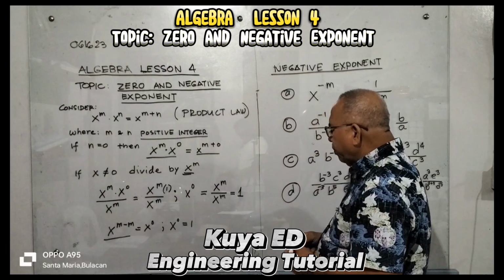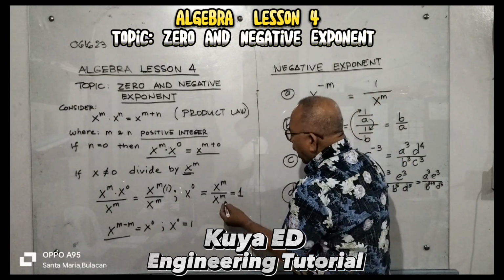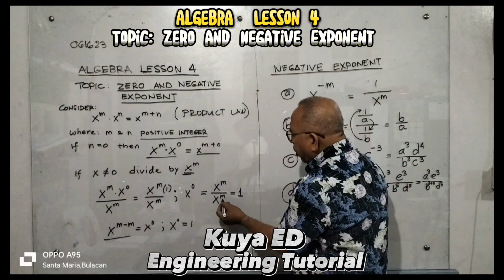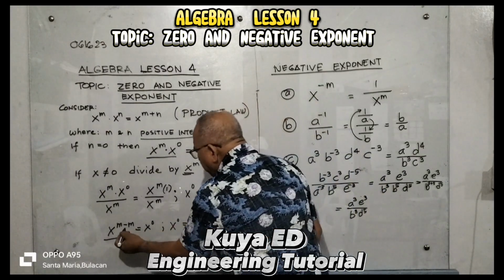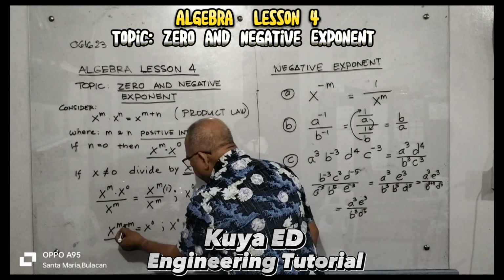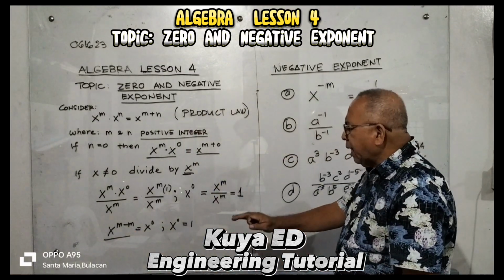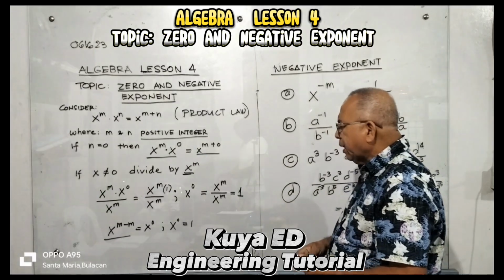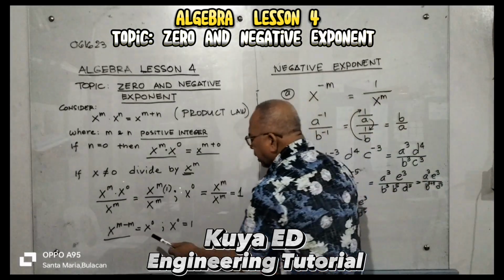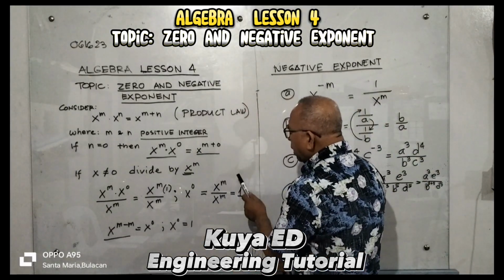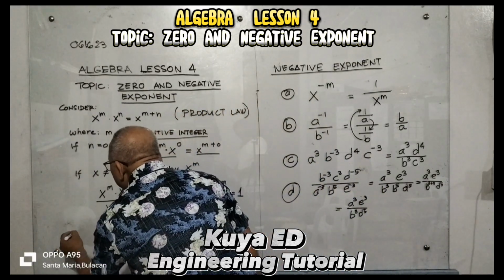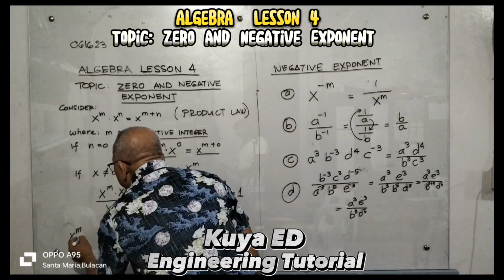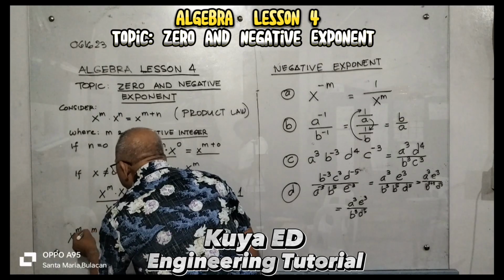So, ano ibig sabihin? Sa x to the m over x to the m, yung m dito will become negative, kasi inangat natin. Pag inangat natin yung denominator, parang ganito yan: x to the m times x to the negative m.